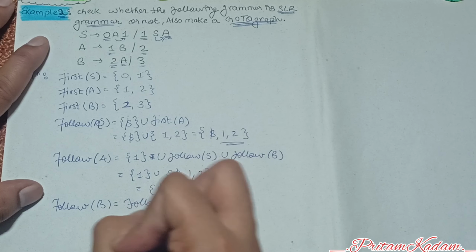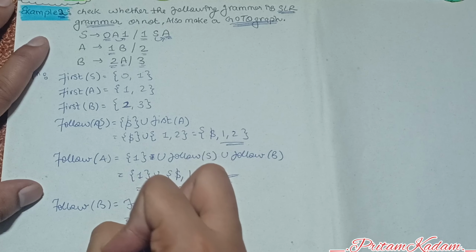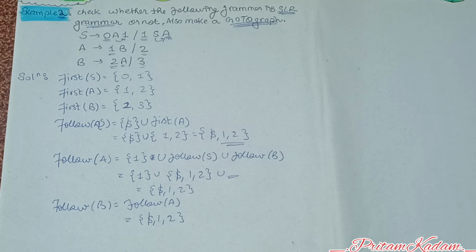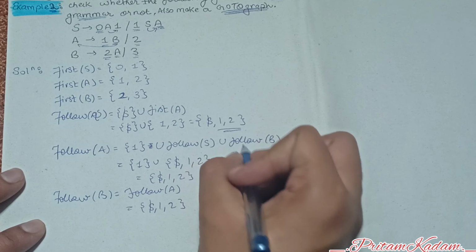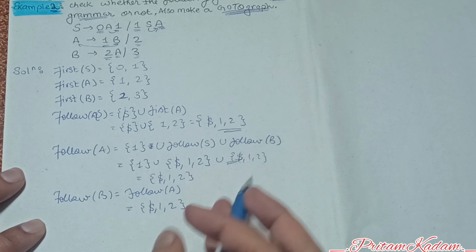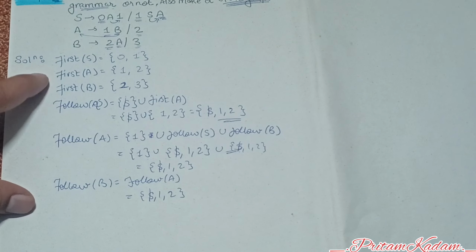As we have the Follow of B same as Follow of A, I will write the same {$, 1, 2} in the Follow of B itself. So we have completed First and Follow.